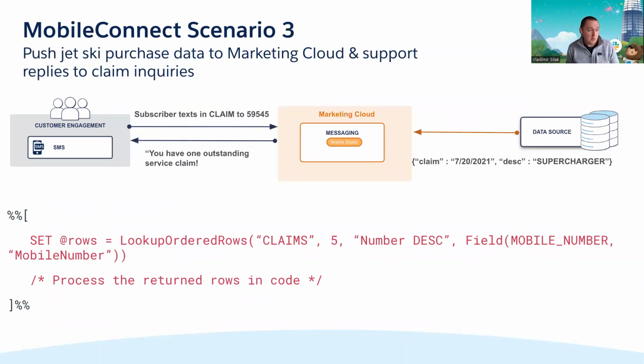Someone is making a purchase, I guess. So we want to do the data lookups again. If someone says, okay, do I have any particular claim inquiries and so forth? So we can receive the message, we can do the lookup, and we can respond and say, yes, you do have an outstanding service claim, or we don't. So kind of making it conversational.